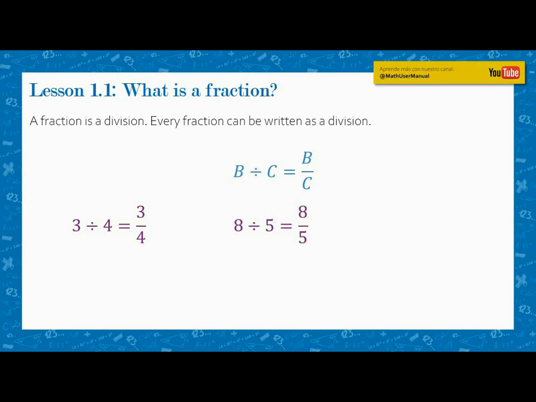So 8 divided by 5 is 8 over 5. Let's see what happens if we have a negative. A minus 2 divided by 11 is still the same situation. 11 is the second number, so it goes on the bottom, on the denominator, and minus 2 goes in the numerator because it's the first number. And this is how we can rewrite divisions as fractions.